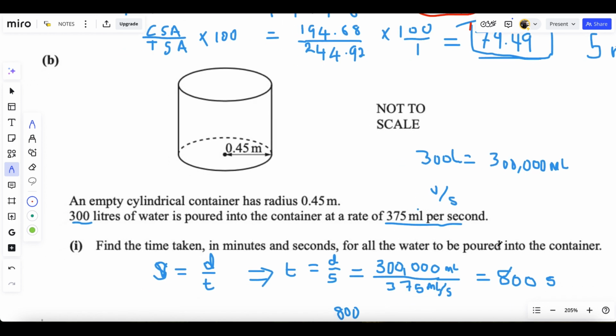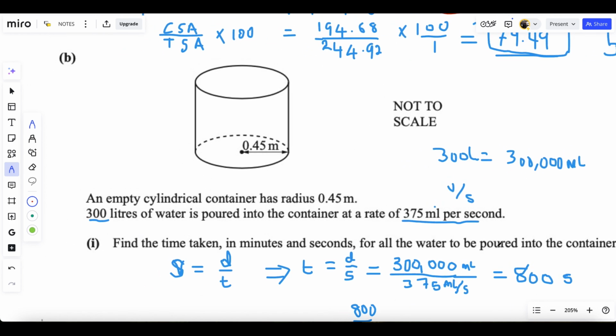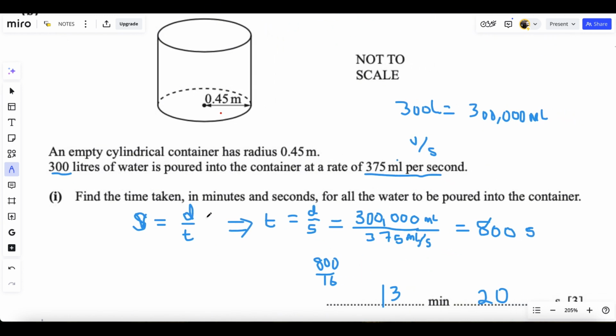Now we go to the next question as quickly. The B part of question 5 says, an empty cylindrical container has a radius of 0.45 meter.